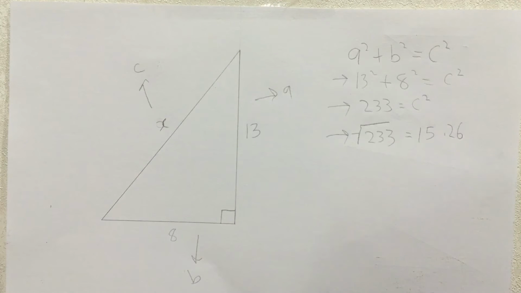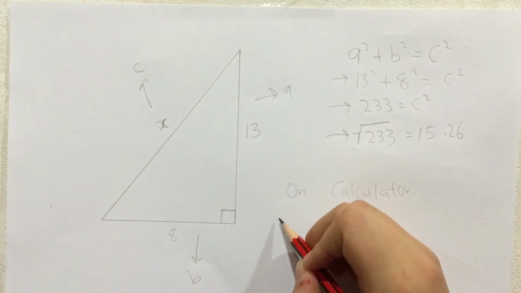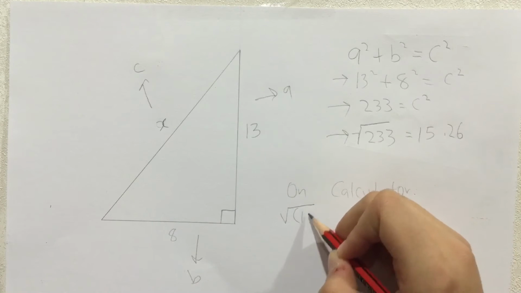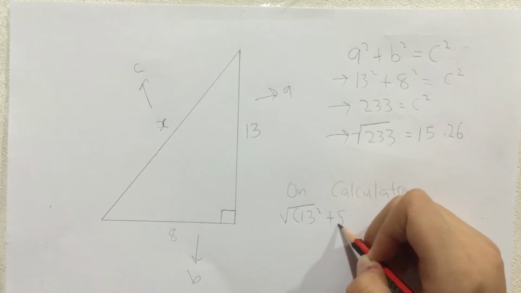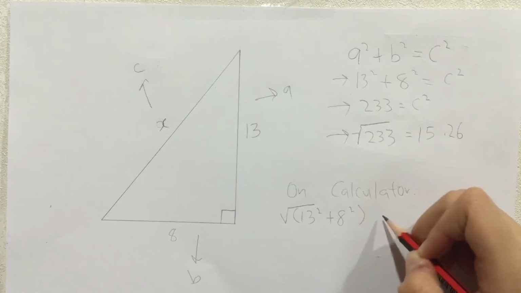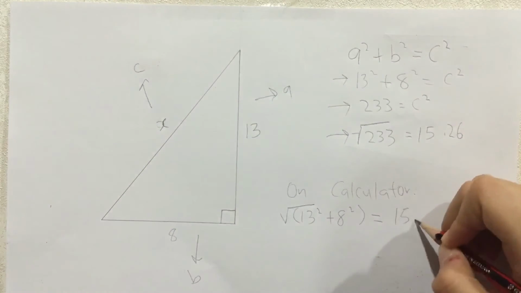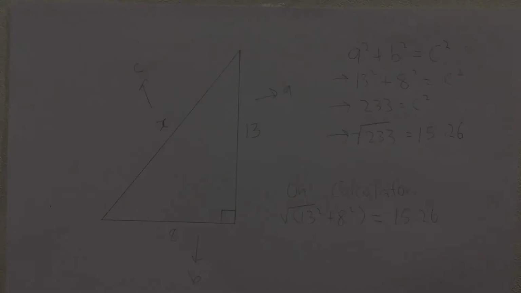It's always good to give your answer in 2 decimal places. Again, on your calculator, it's easy to do it in one line by simply doing square root bracket 13 squared plus 8 squared and then pressing equals, and that will give us the same answer.